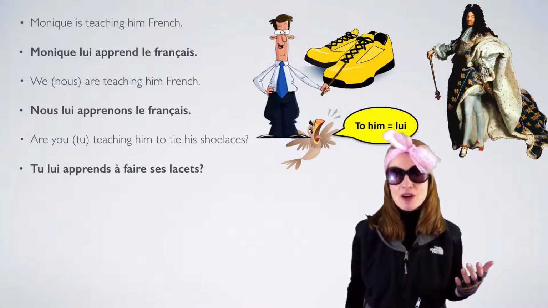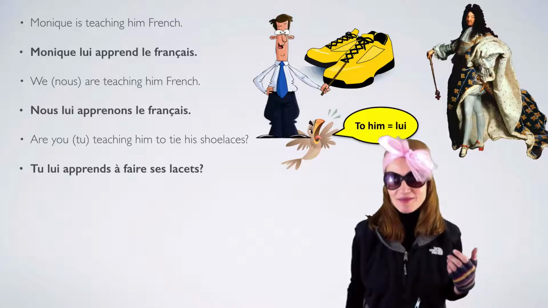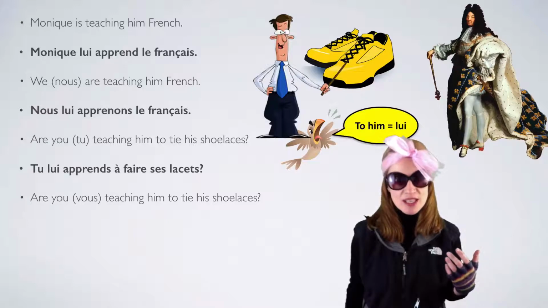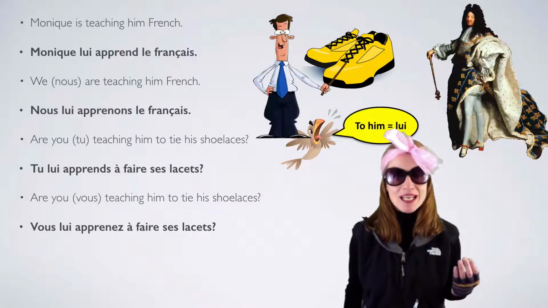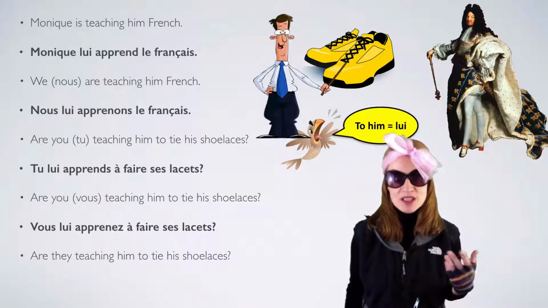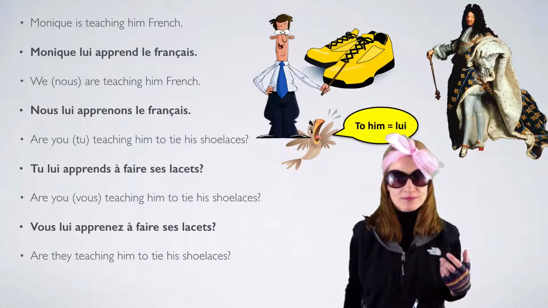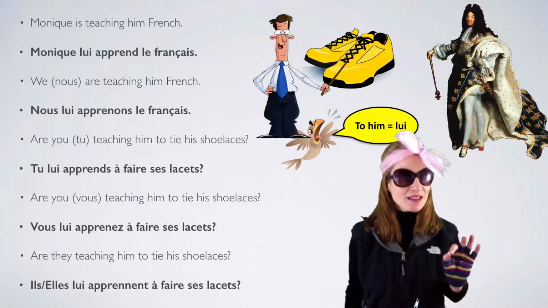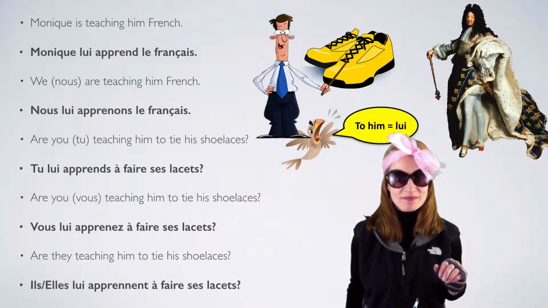Tu lui apprends à faire ses lacets? Using vous. Are you teaching him to tie his shoelaces? Vous lui apprenez à faire ses lacets? Are they teaching him to tie his shoelaces? Il ou elle lui apprennent à faire ses lacets.